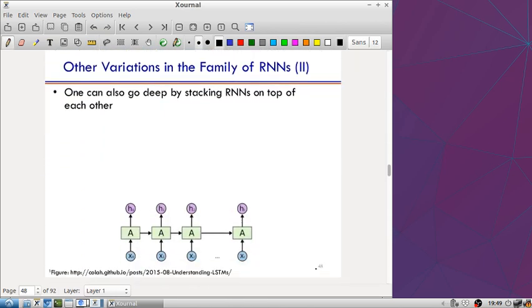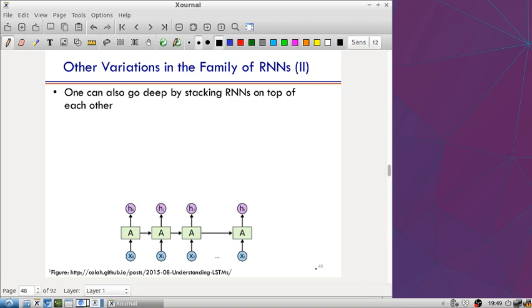Let me spend 3 slides on other variations of RNNs, and then I'll go into examples in a little more detail rather than just words. One variation is that these are blocks, so you can keep stacking them like Lego blocks on top of each other.